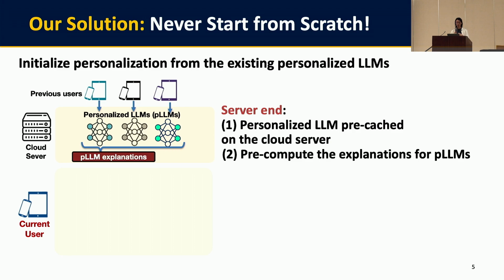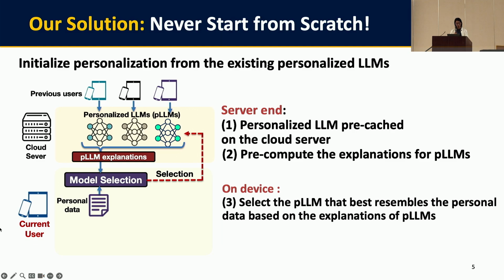To support future users, we propose a new technique that can generate explanations about how the models are fine-tuned. These explanations are designed to be highly compact, so the communication cost of transmitting them to the user's device is minimal.